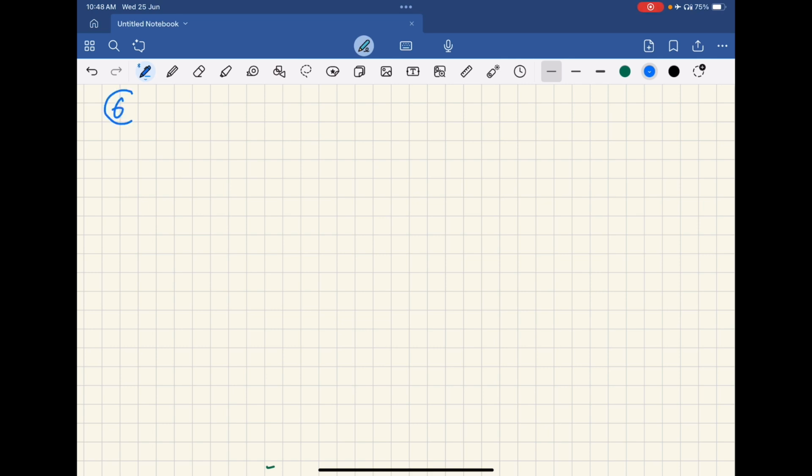Okay, so this is our question number 6. So here, what do we assume first? We say, let the number of articles produced in that day equal x. Okay, that is, the factory produced x number of articles that day, which we have to find out.